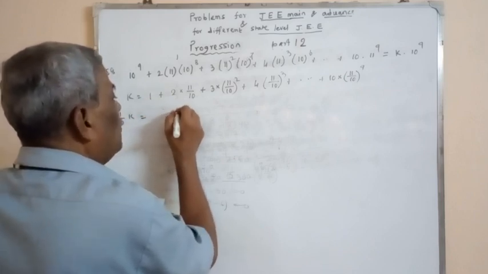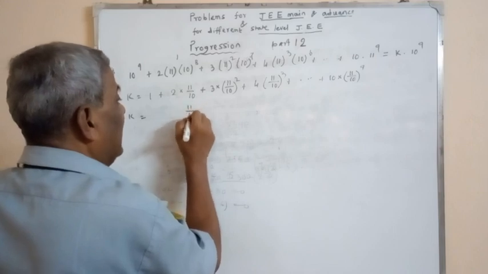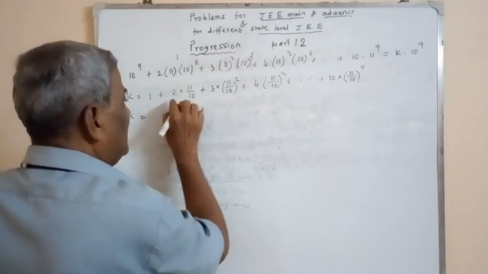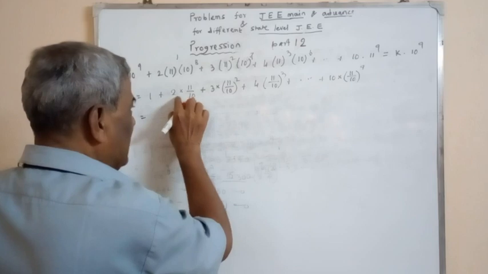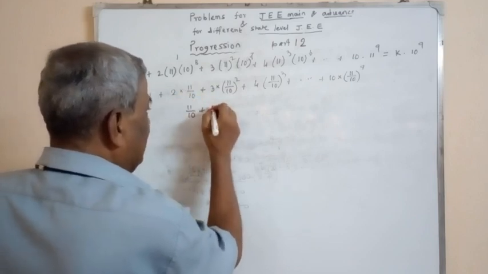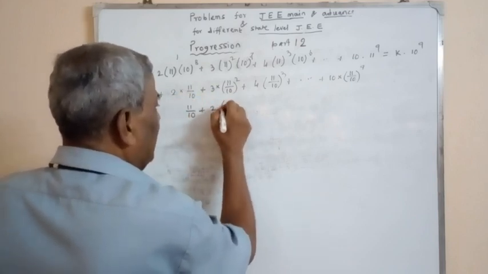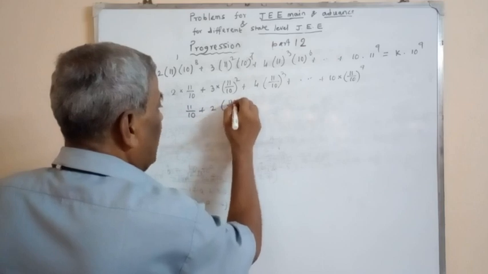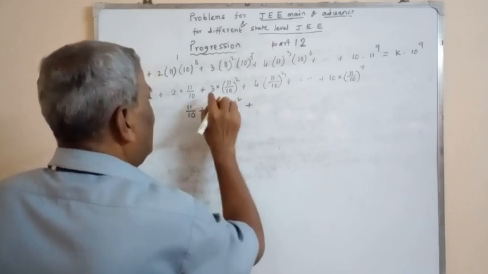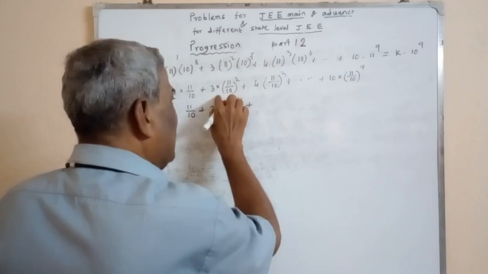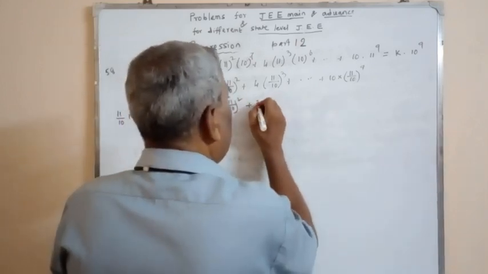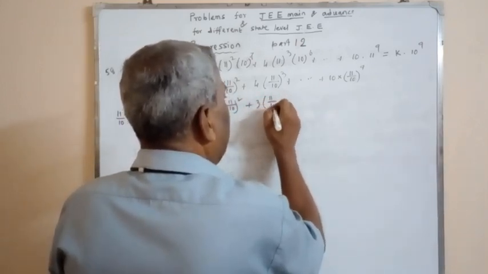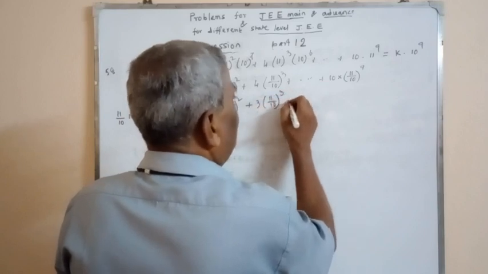So it is equal to 1 into 11 by 10 plus, multiplying this by 11 by 10, 2 into 11 by 10 whole square, plus 3 into 11 by 10 whole cube.